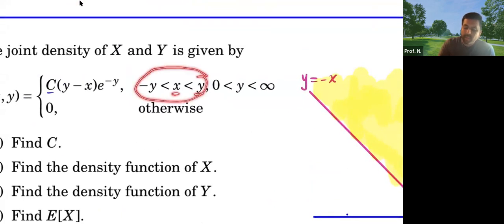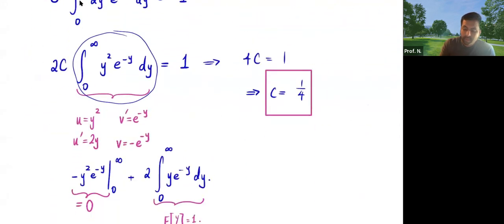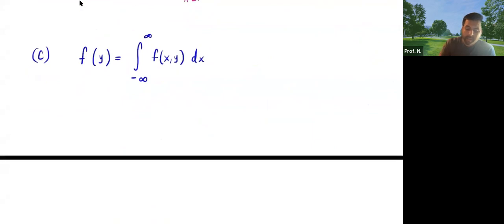X is in between negative y and y. So the bounds here have to be exactly what you think they're going to be. Negative y to y of 1/4 (y minus x) e to the negative y dx.